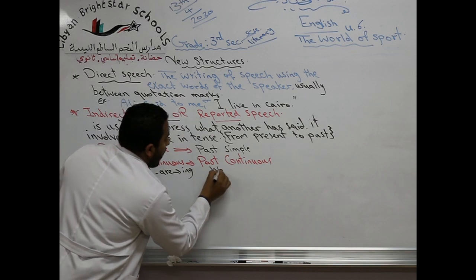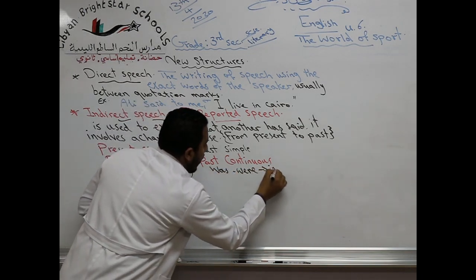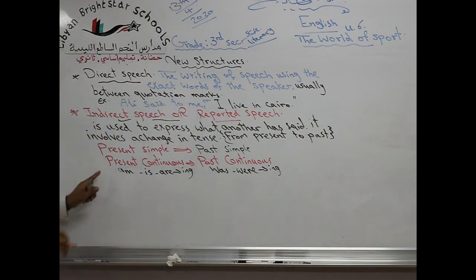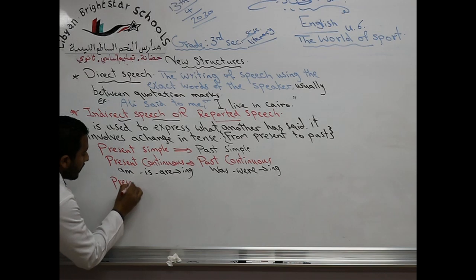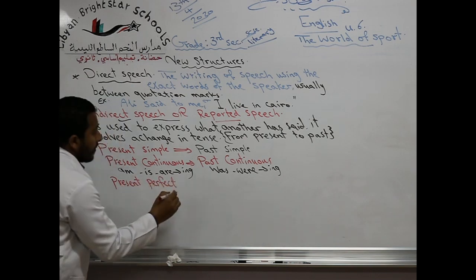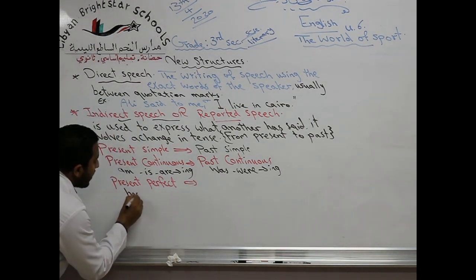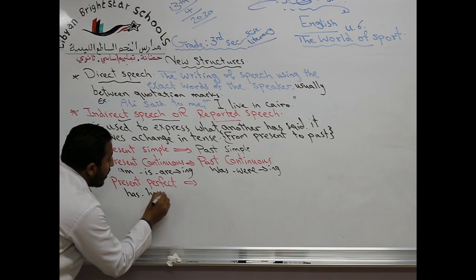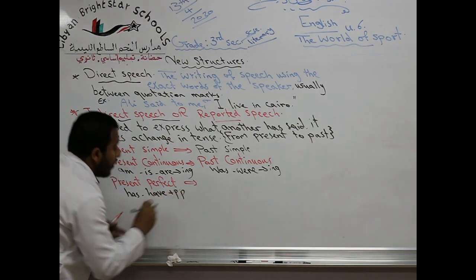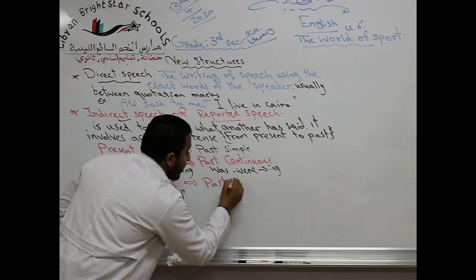For example, was, were, ing. If the sentence is present perfect, has, have plus past participle, we change it into past perfect.